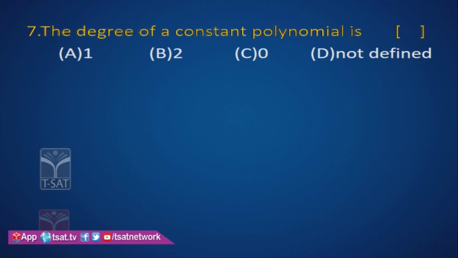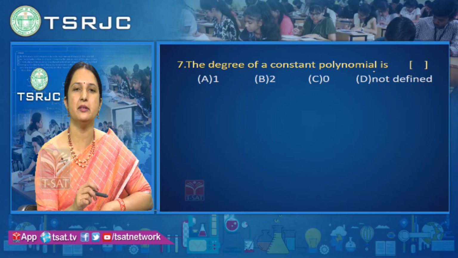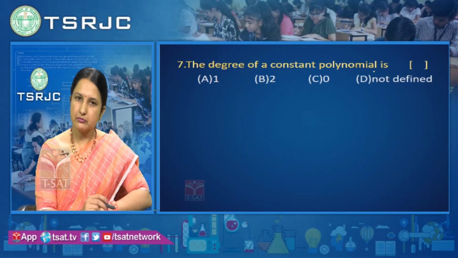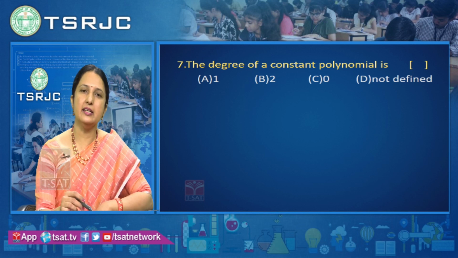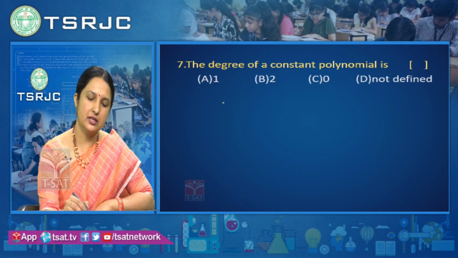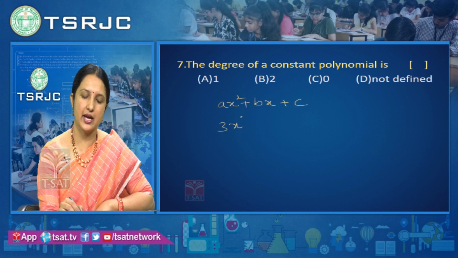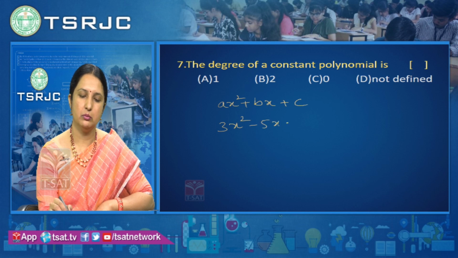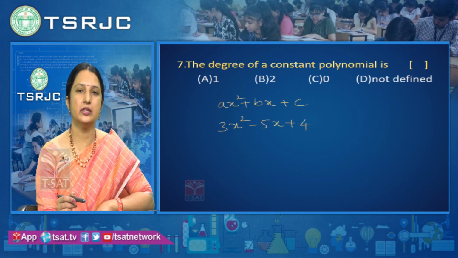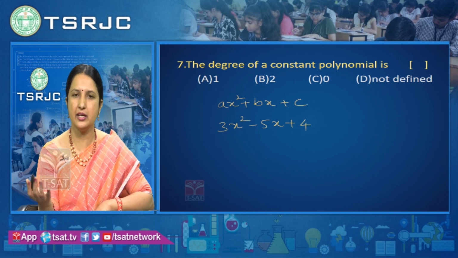The next, seventh question. The degree of a constant polynomial is. See, the polynomial contains the terms. So, suppose you take ax square plus bx plus c. So, like that 3x square minus 5x plus 4. Polynomial contains one term or two terms or three terms or any terms.